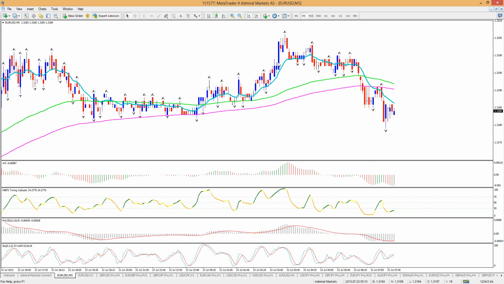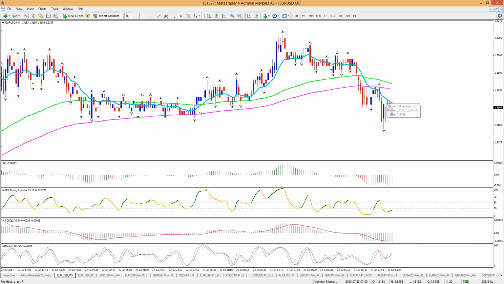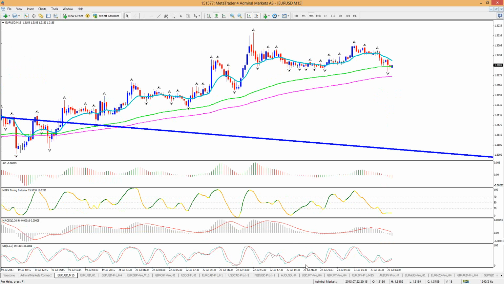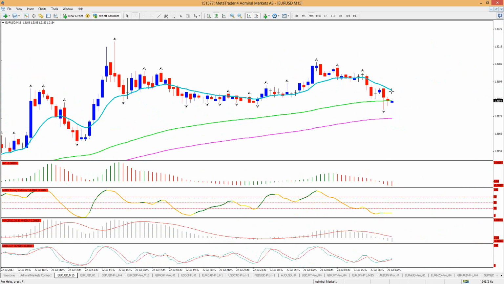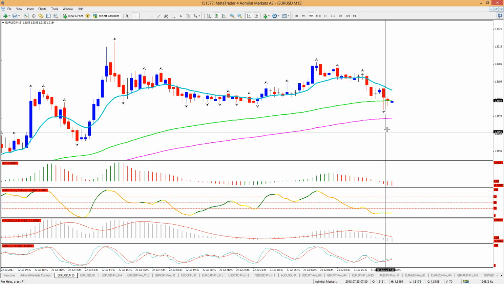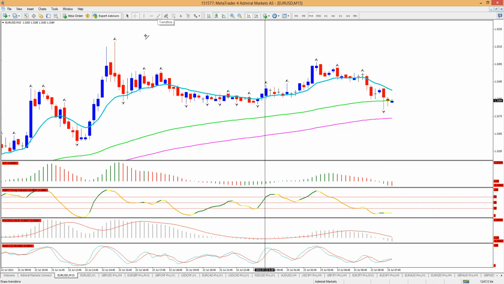Not indicating necessarily an oversold area here, but this is the 15-minute. Maybe we'll get the bounce. I'm definitely going to keep an eye on this, but nothing as yet. Okay, maybe this trend line, for example.